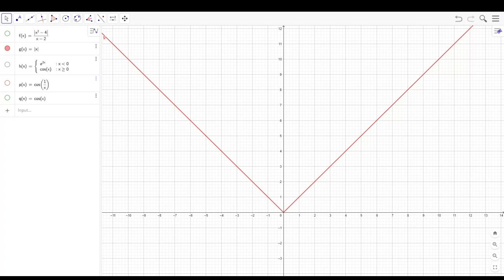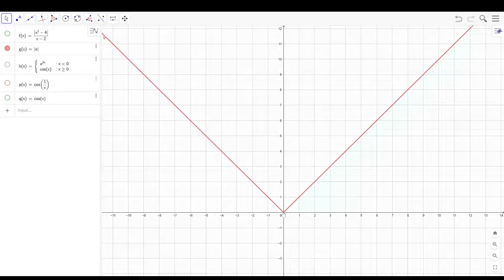A few yeses, a few nos. Keep them coming. Well, remember, the graph of a function, if you can draw it without lifting your pen or pencil off the page, then it's definitely continuous. Okay, there's no jumps, but this curve is continuous.